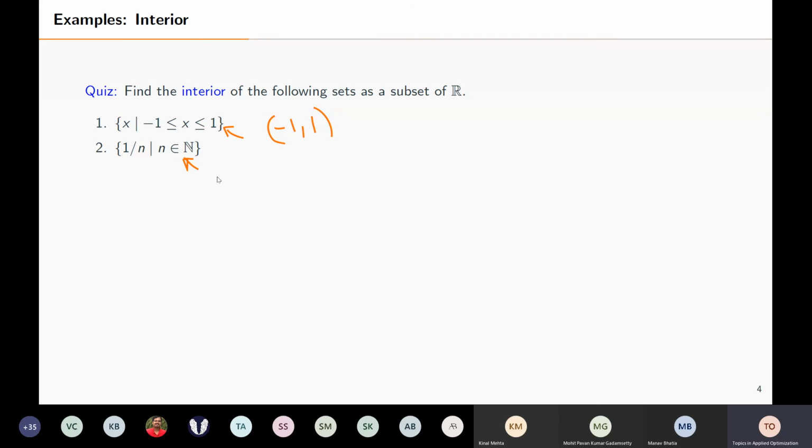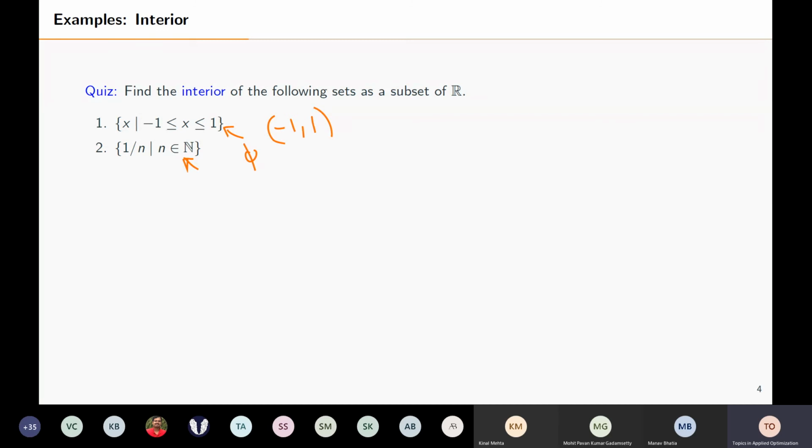Because in the interior we should only put interior points, right? So will there exist any interior for this? Does there exist any interior point at all? In the last slide we proved that these points are not in an open interval, so I don't think there will be any interior for this. So there is no interior point for this. So the interior would be empty for this.